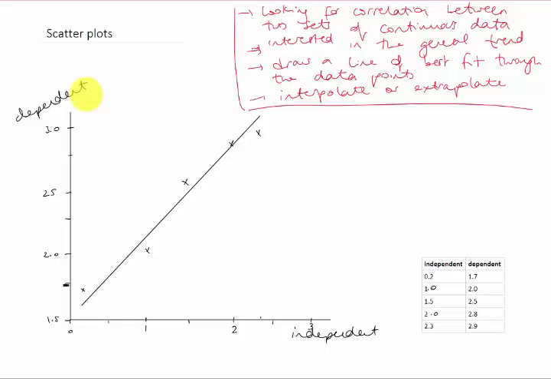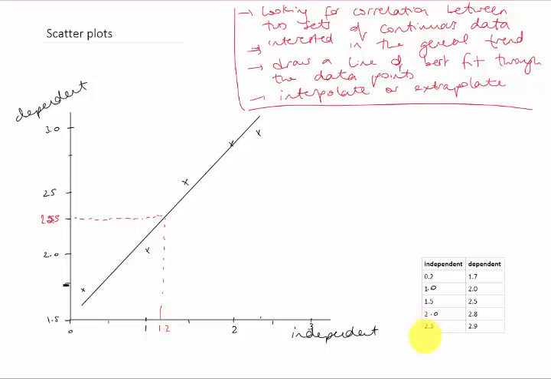Now what I can do is this interpolate, extrapolate business. Interpolate is, for example, if I want to know, for 2.25 on the dependent, what would I expect the independent value to be? So we just read off on the graph. That would be about 1.2 probably.